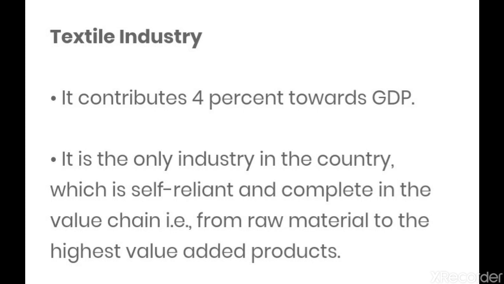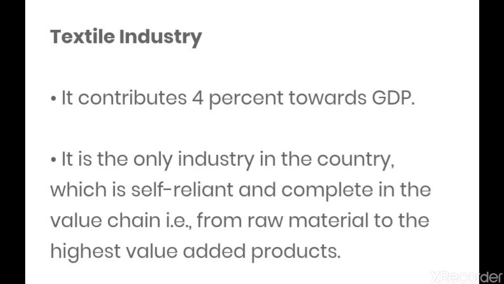The first point is it contributes 4% towards the GDP. The share of the textile industry in the GDP of the country is 4%. Then this is the only industry in the country which is self-reliant and complete in the value chain.